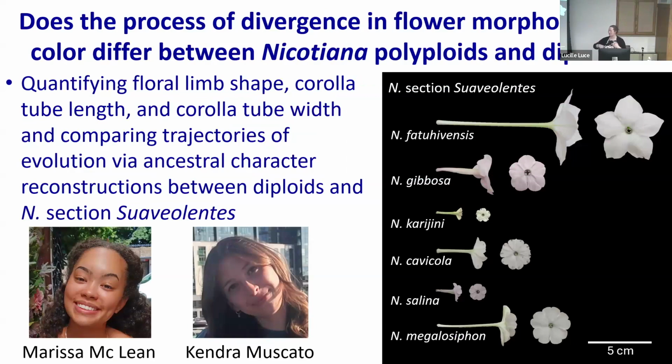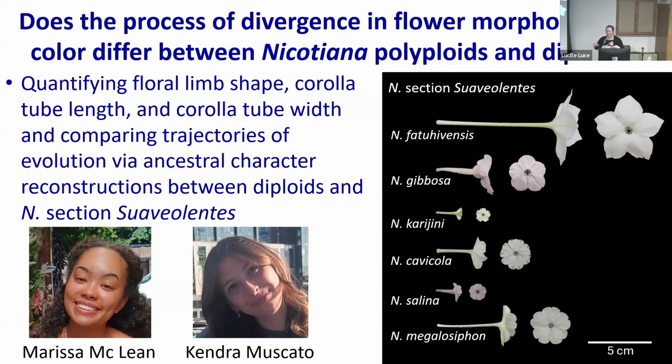So full circle, Jeff talked about how that's how my story started. And I got to, ooh, sorry, I get excited. I got to take one of my undergrads to the place where I started my undergrad love of Nicotiana. So it was fantastic. So Marissa McLean and I went and collected a flower morphology photographic data set of a lot of these really old polyploids that have exploded.